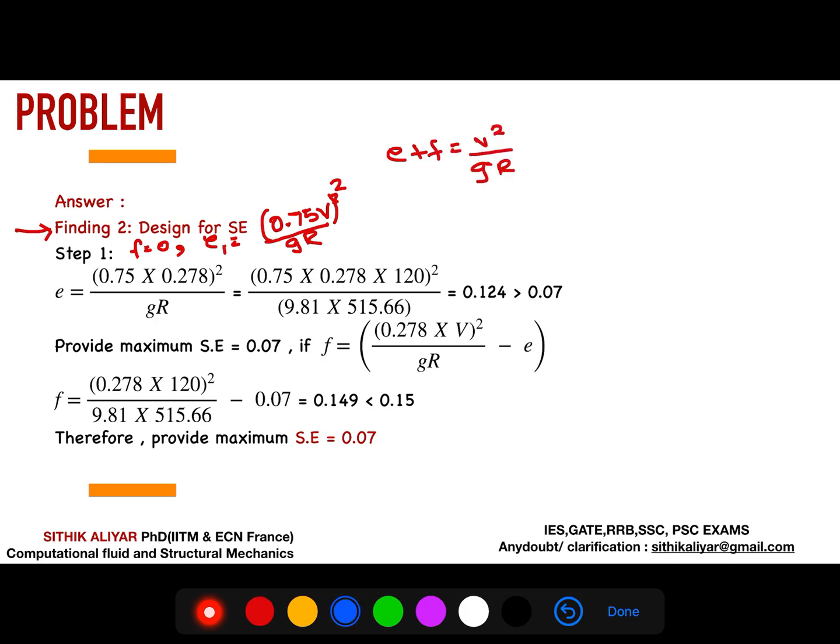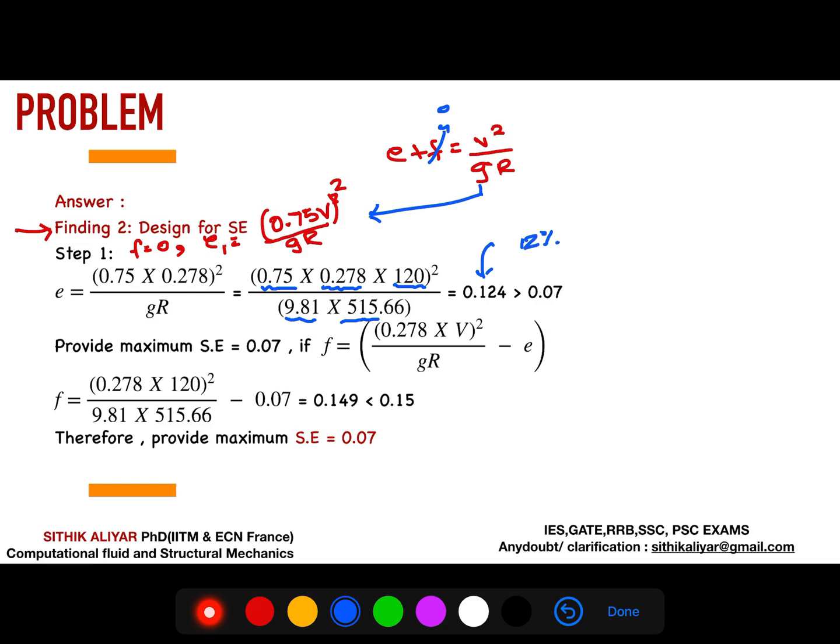I ignore the friction, and instead of V I take 0.75 V. You can see 0.75 is for the mixed traffic flow condition and 0.278 is for converting kilometer per hour. V is 120, G is 9.81, radius we just found is 515. Substitute everything, you will get 0.124, which is nothing but 12%.